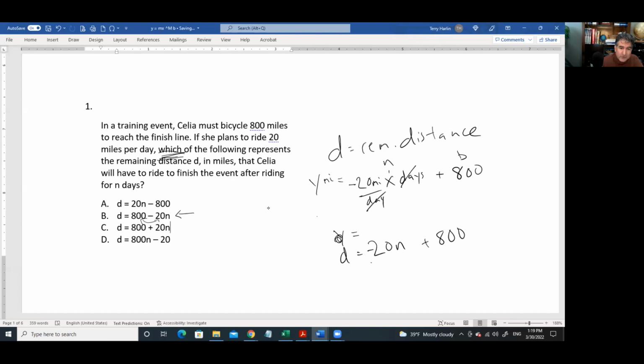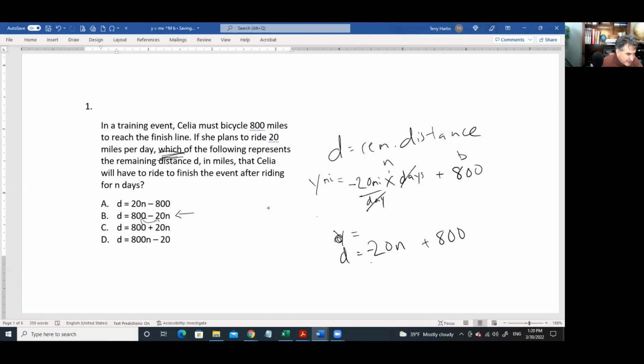Now, if you're looking for a shortcut to solving these, one of the shortcuts is to look at the answer choices and see what's different. So in the answer choices, I see that 800 appears twice, both in B and in C. I've got a negative 800 here, but that's different.